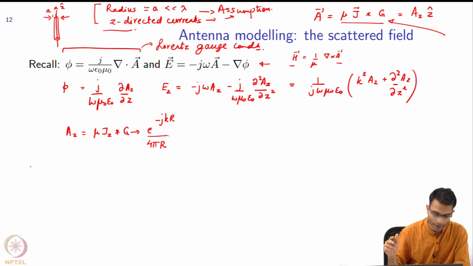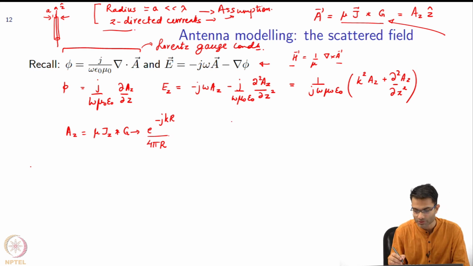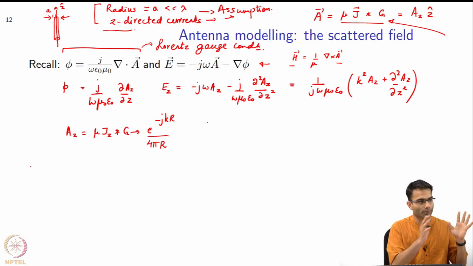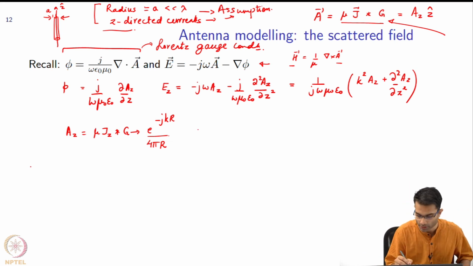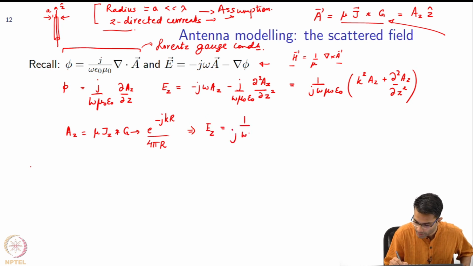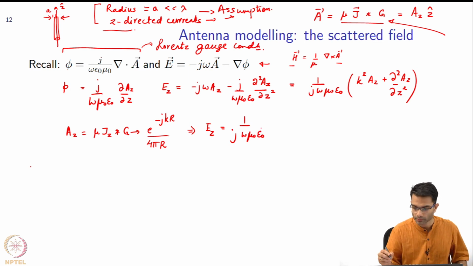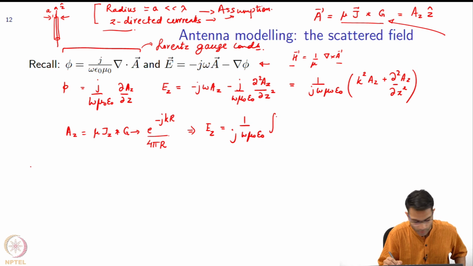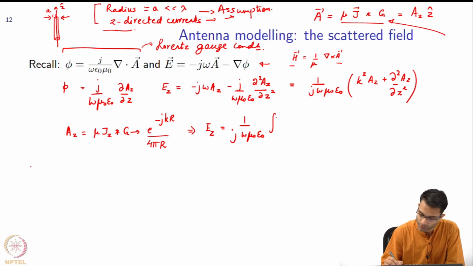Alright. So now I can write down this whole field in terms of a convolution. I am going to replace A by the convolution, right? So I can write over here Ez equal to 1 by j omega mu naught epsilon naught, and write this convolution like this.